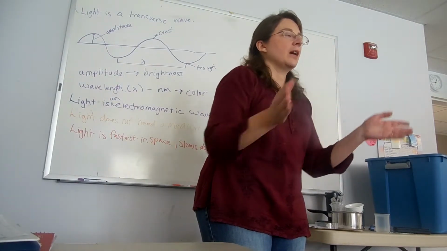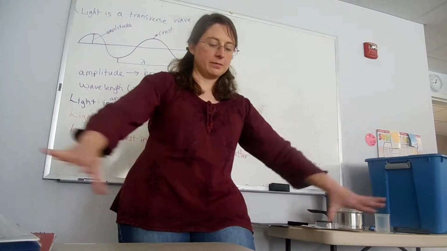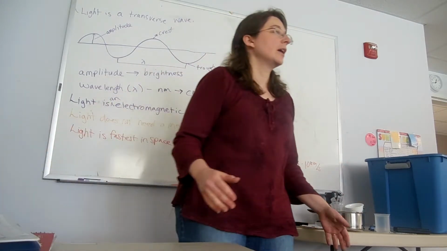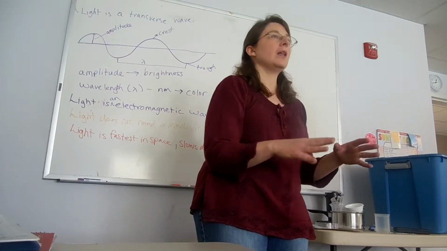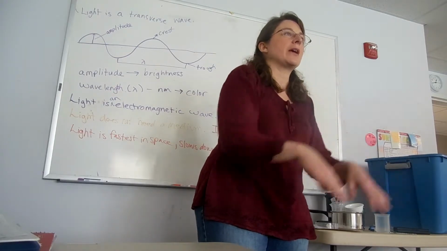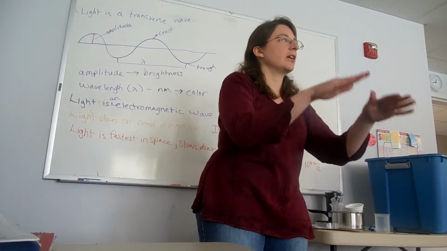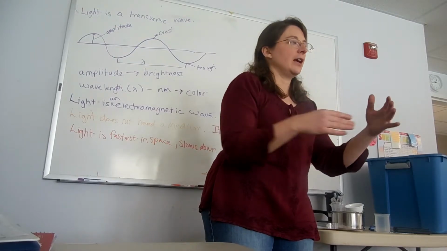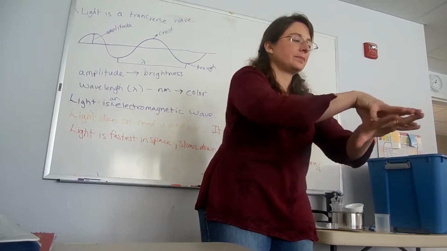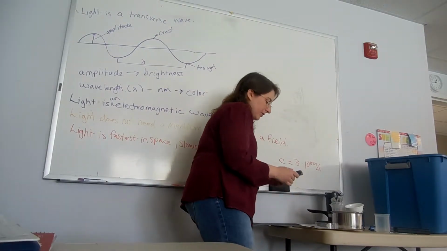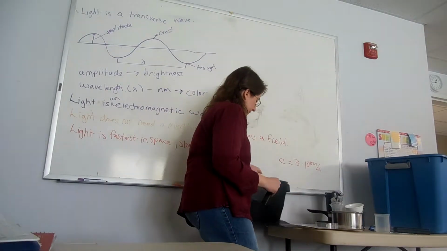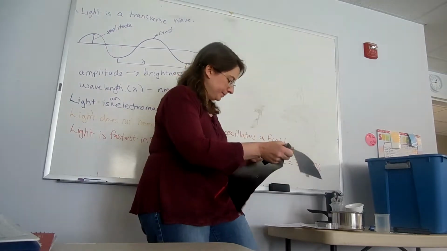Or if you drop a rock, waves form in the water. If you drop two rocks, the waves form, but then when they collide with each other, you get interference patterns, right? You get crest and crest meeting, trough and trough meeting, and you get kind of this place where waves meet. Well, if light is like a wave, it should have interference patterns just like water.